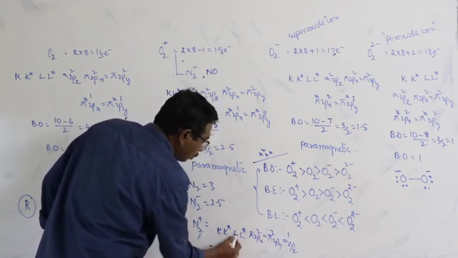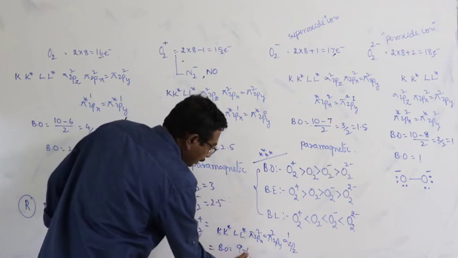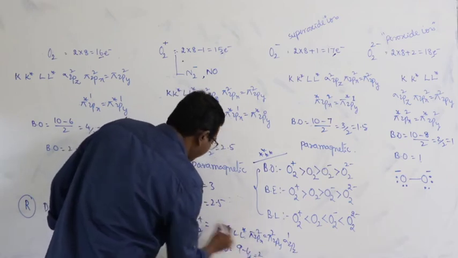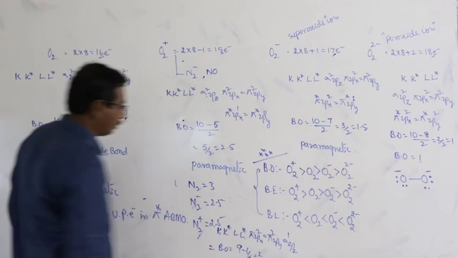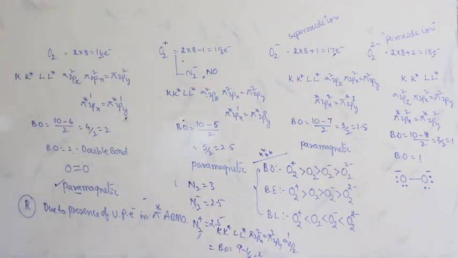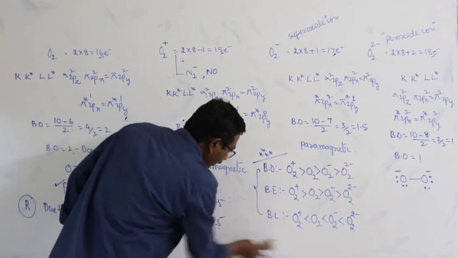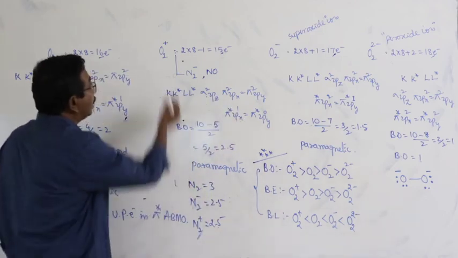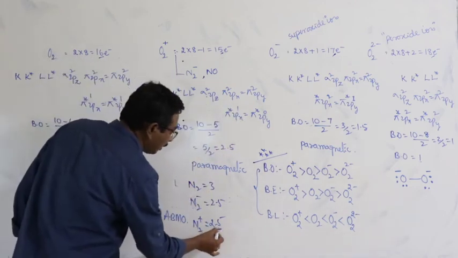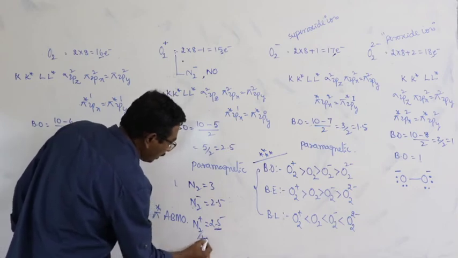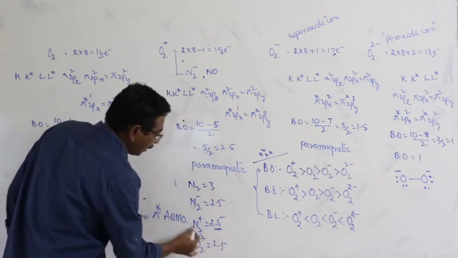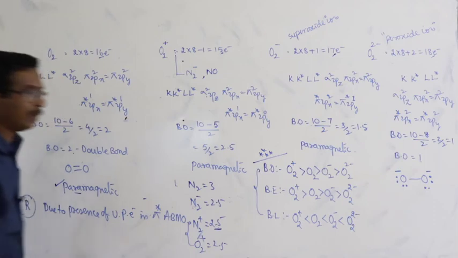Bond order is equal to 9 minus 4 by 2, that is equal to 2.5. Not 1.5. This is the same as the bond order of O2 plus, 2.5. N2 plus is also 2.5.